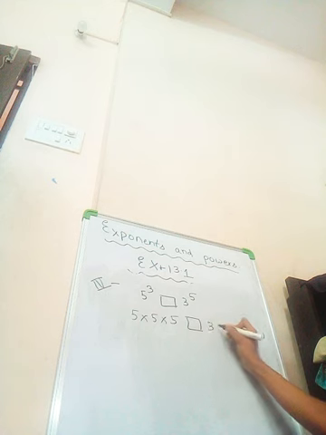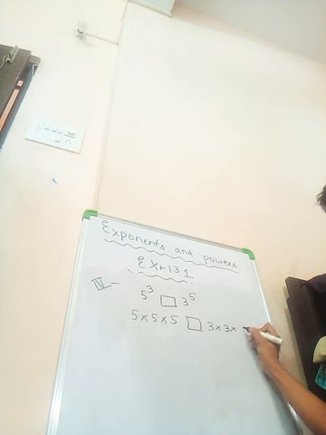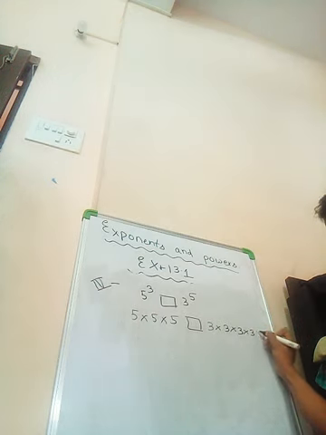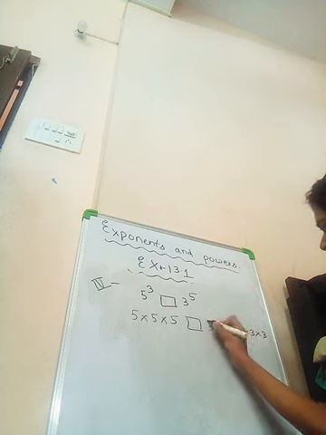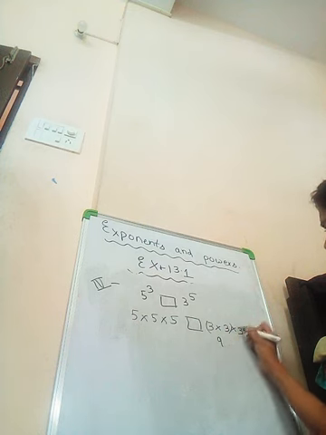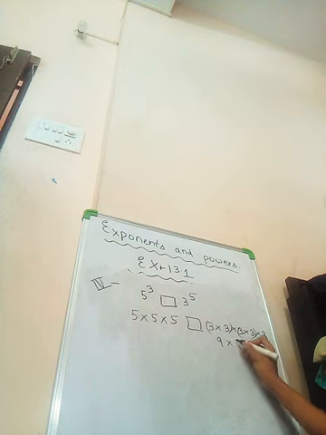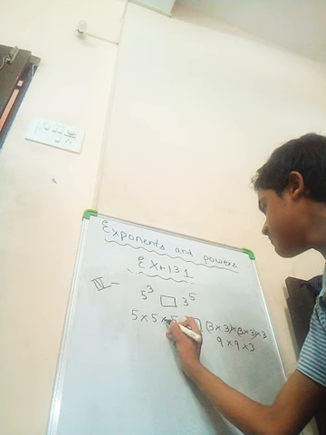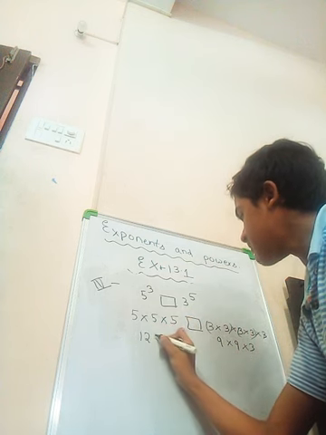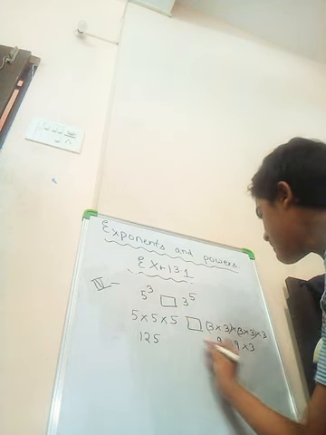Then 3 into 3 into 3 into 3 into 3. 3 3s are 9, 3 3s are 9, you have to keep brackets, 9 into 9 into 3. 5 5s are 25, 25 5s are 125. So here we got 125.